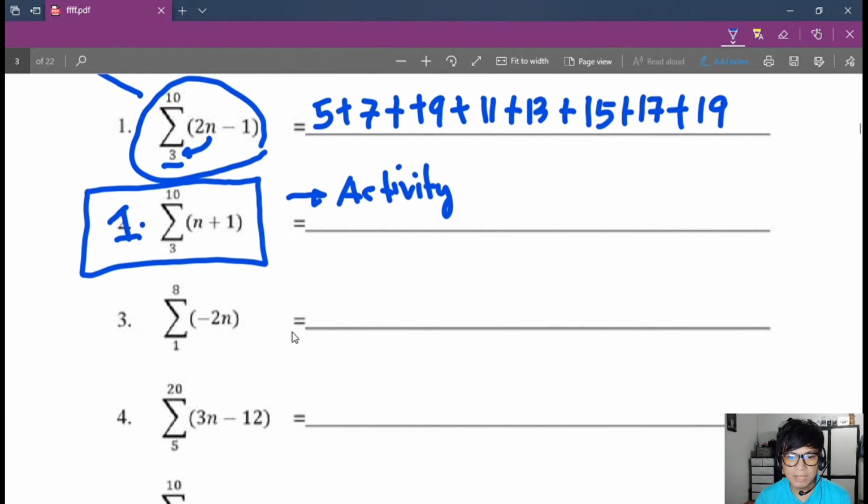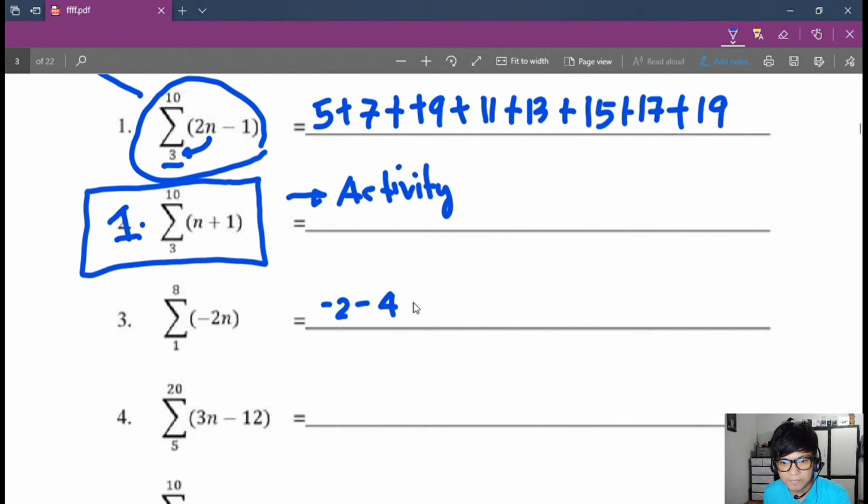Sige. Try ko sagutan. Sagutan natin itong number 2. So, ang n natin dito is from 1 to 8. So, negative 2 times 1 is negative 2 plus negative 2 times 2 is negative 4. So since negative siya, magiging minus ito.